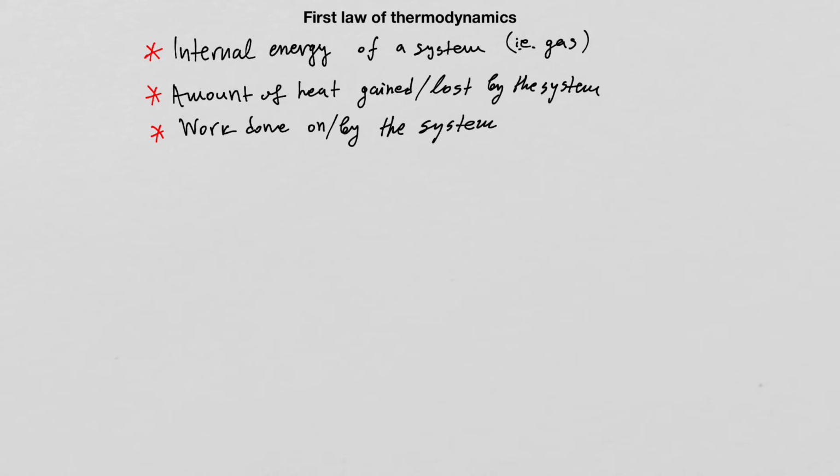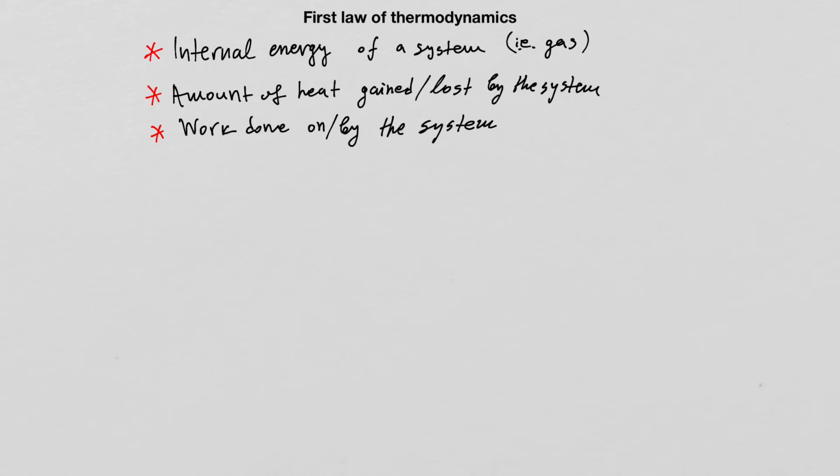So the internal energy of a system, then also the relationship that the internal energy has to the amount of heat gained or lost by the system, and the relationship that internal energy has with the work done on or by the system.